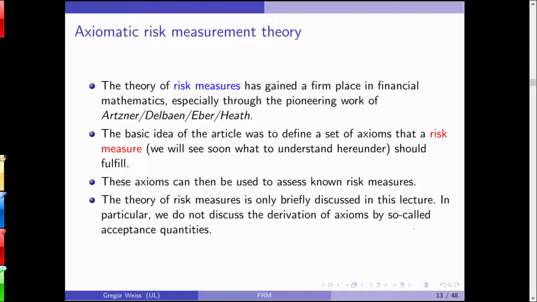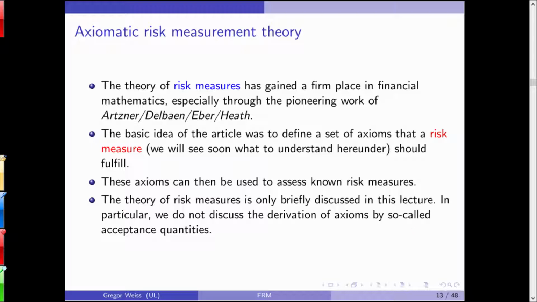What they did is they defined a set of axioms that is, in German we have this good phrasing. An axiom is a unbeweisbare Grundtatsache. That is an axiom. It's just a law of nature. You cannot prove it. You simply set it as a rule, and everyone has to accept it.